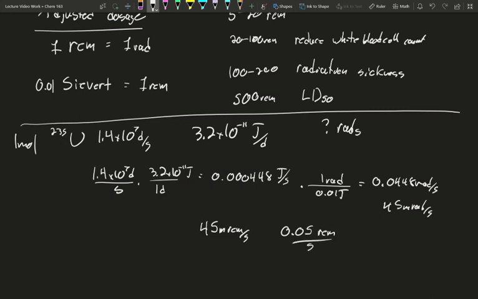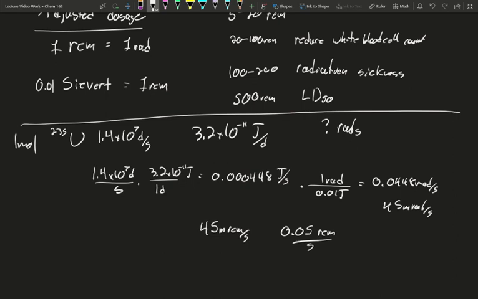And we said it was about 5 rem before you started running into possible later effects. Well, that would only require us to be near this for 100 seconds. So if you were to absorb all the radiation being given off by a mole of uranium-235 decaying for 100 seconds, which pretty much just looks like it sits there, no noticeable weight is going to disappear, you'd have enough damage to start taking long-term health effects.